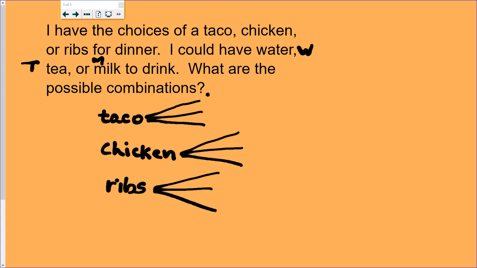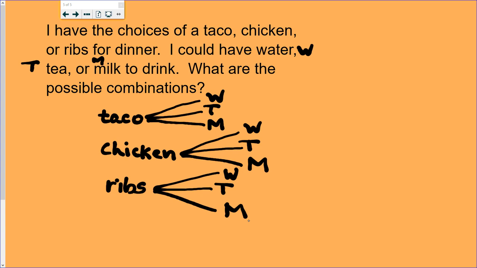So I could have a taco and water. I could have a taco and tea. I can have a taco and milk. I could have a chicken with water. I could have the chicken with tea. Or I could have the chicken with milk. Same with the ribs. Ribs with water, ribs with tea, or ribs with milk.